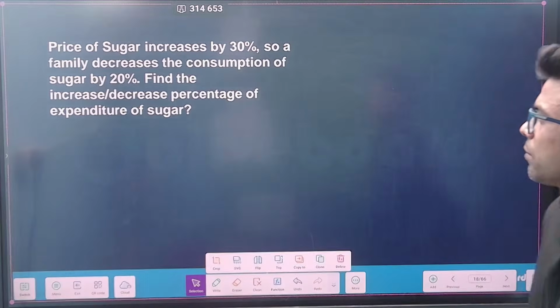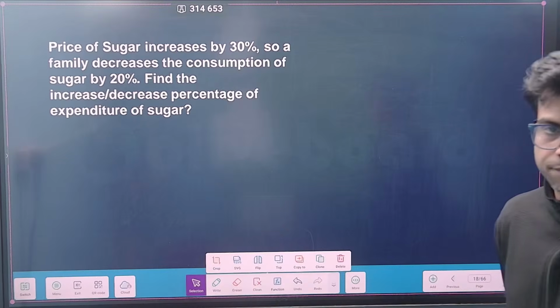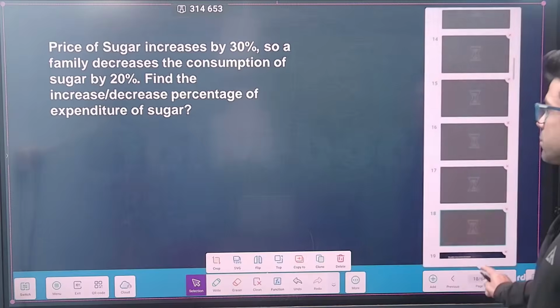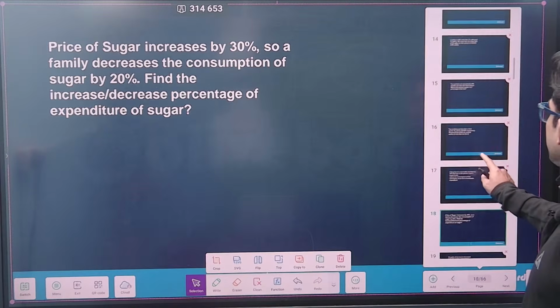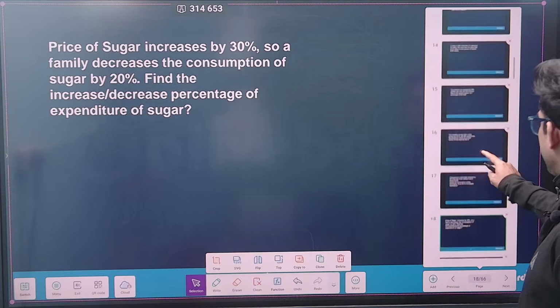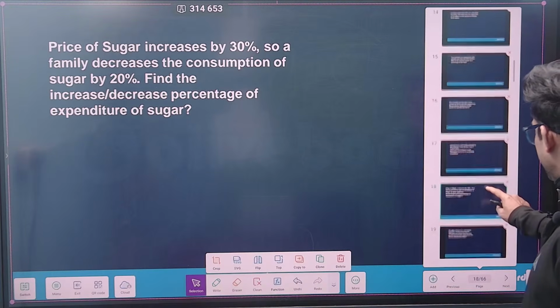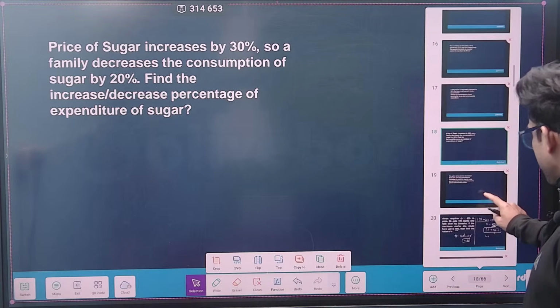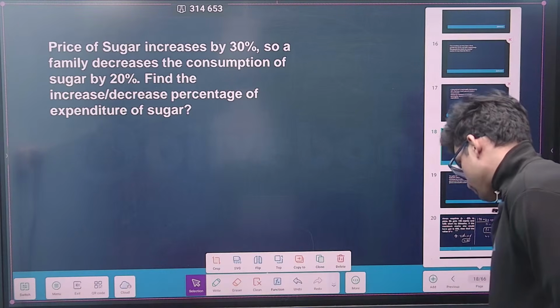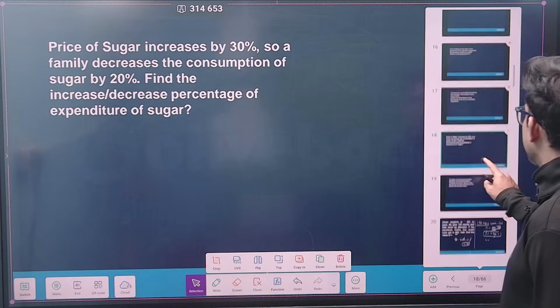The price of sugar is increased by 30%. No, I think Chaitanya was asking one of the questions.